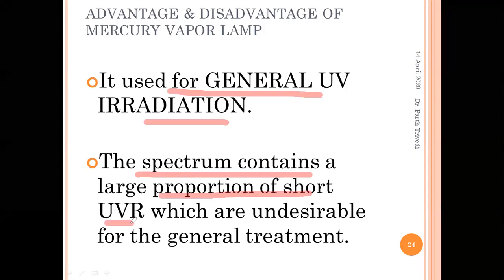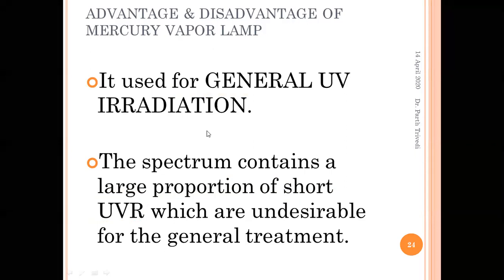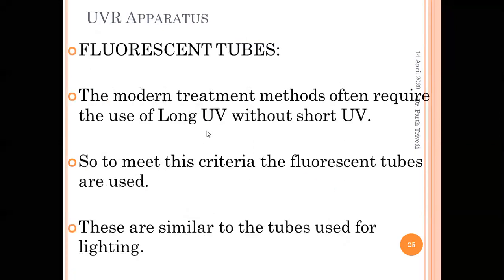So for short UVR, we are using these mercury vapor lamps. Okay, clear, and we can use them for general irradiation purposes, unlike fluorescent tubes. For fluorescent tubes, if we are using them for general irradiation purposes, we need a therapeutic tunnel kind of setup.